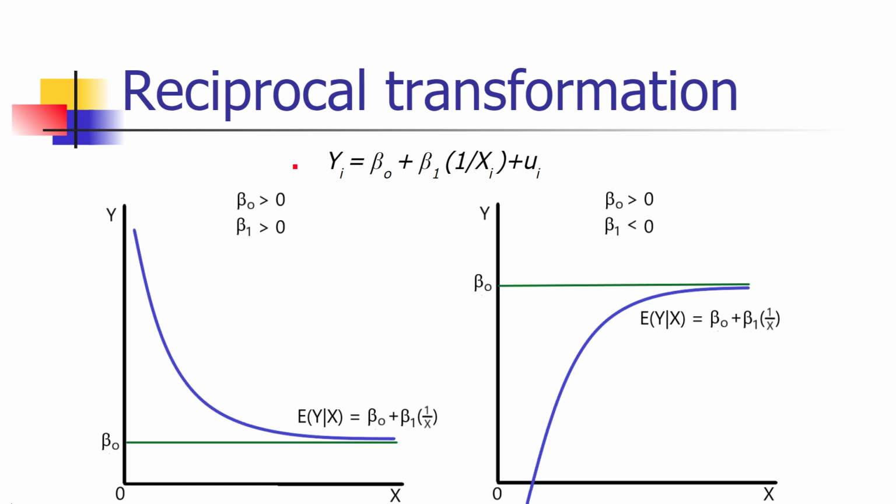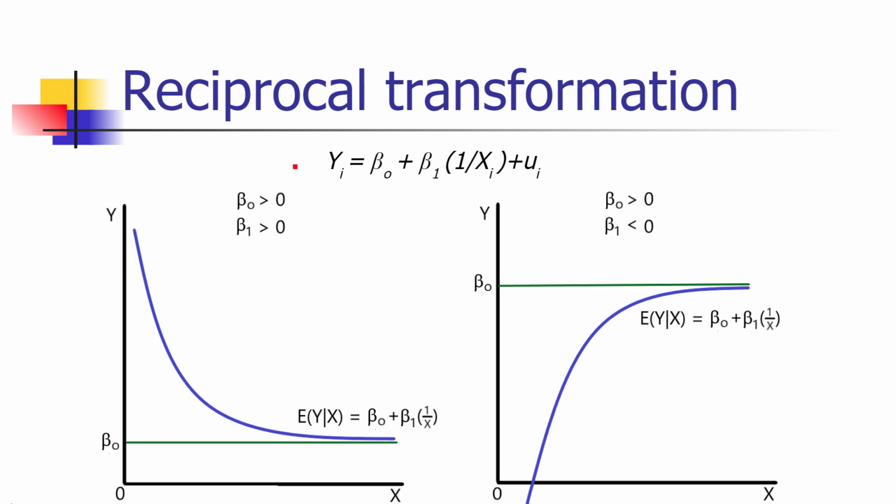Because of the reciprocal term in there, as x increases, 1 over x decreases. As x decreases, 1 over x increases. So as a result, when x is relatively small, then 1 over x is very large, and the impact of beta 1 is very large. And if we look at the diagram on the left, this function will approach positive infinity as x approaches 0.